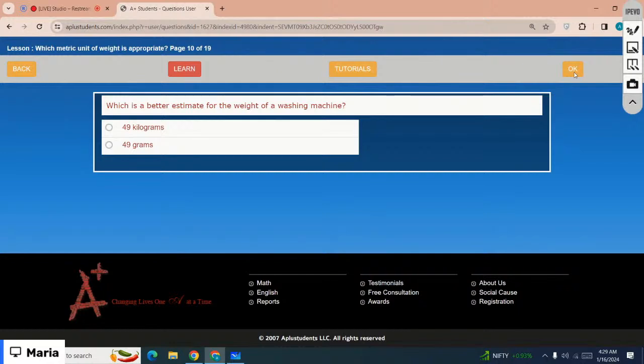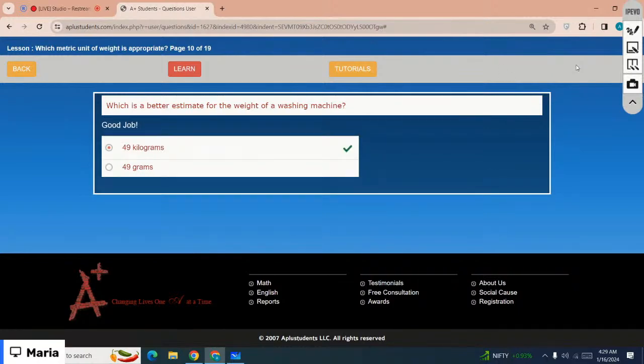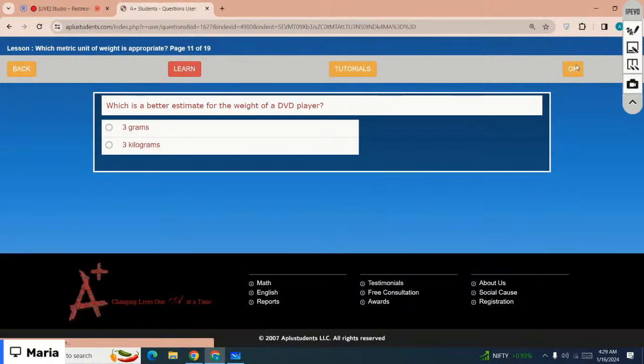The correct option is 49 kilograms. Which is the better estimate for the weight of a DVD player? 3 grams or 3 kilograms?